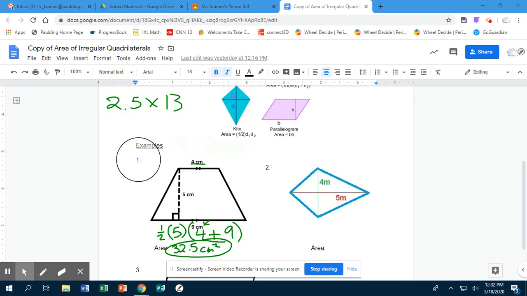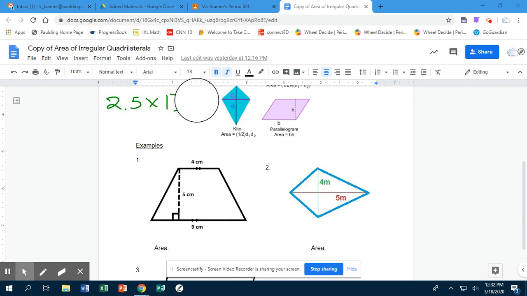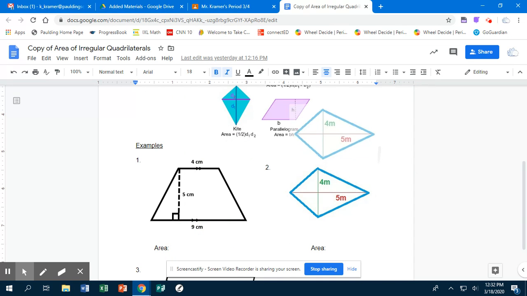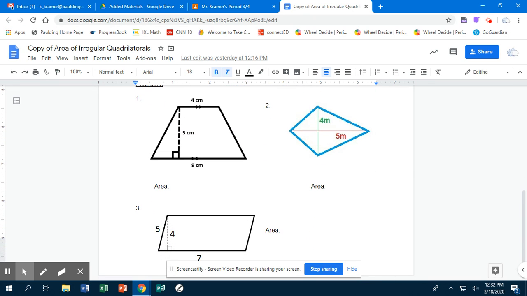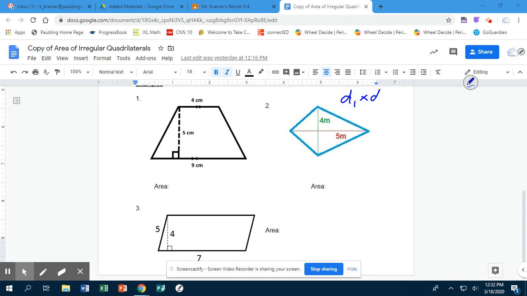All right, let's move on to a kite real fast. So a kite is one of these guys right here, if I don't move it all over the place. So it is the first distance times the second distance divided by 2. So d1 times d2 divided by 2. So distance 1, we're just going to call that 5.